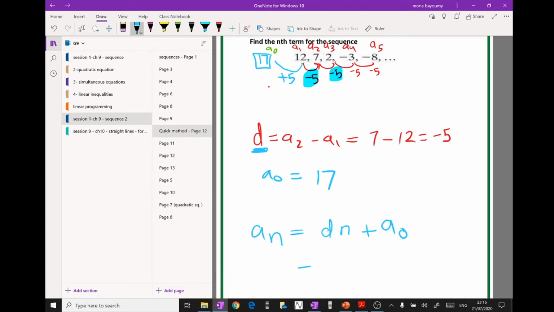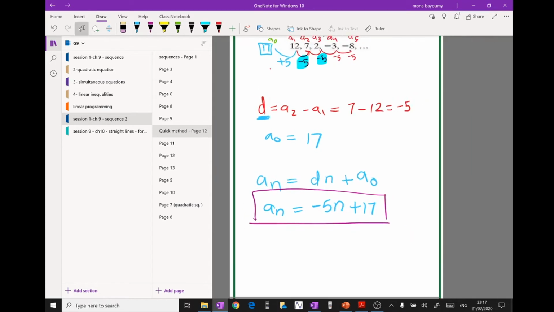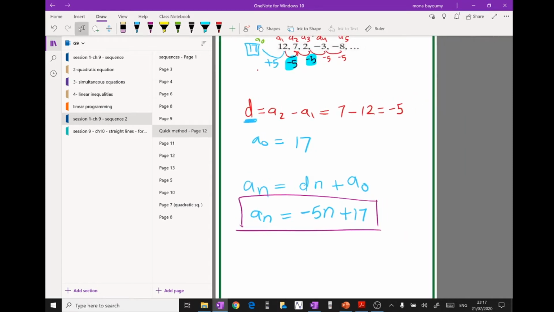So d is equal to negative 5, and a0 is 17. So a_n, which is the nth term, equals negative 5n plus 17. This is the nth term. If you want to check whether your answer is right or not, you can substitute n by 1, 2, and 3 to know if your answer is the same as the sequence.